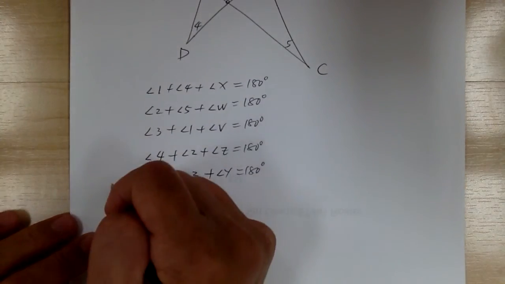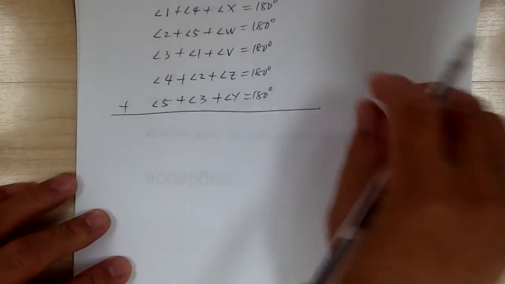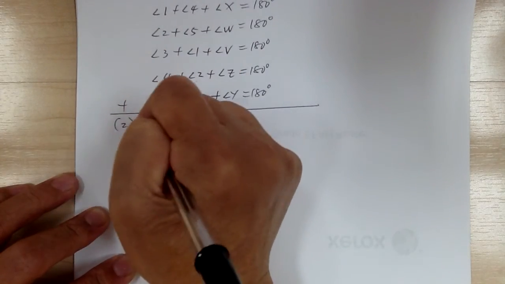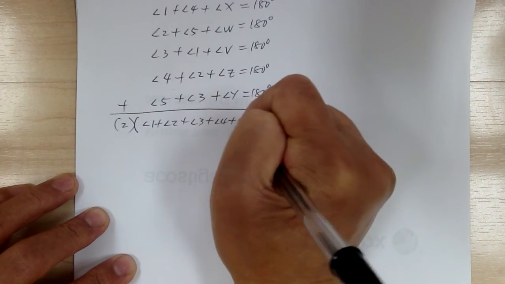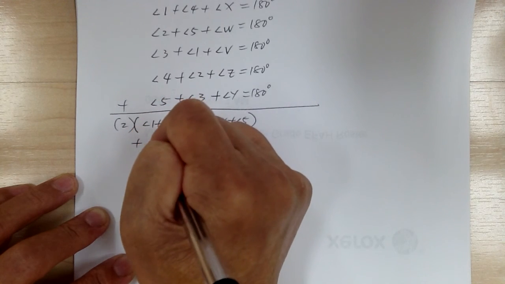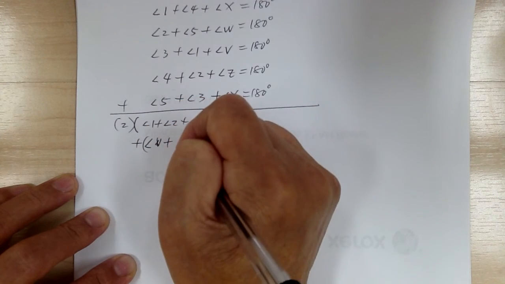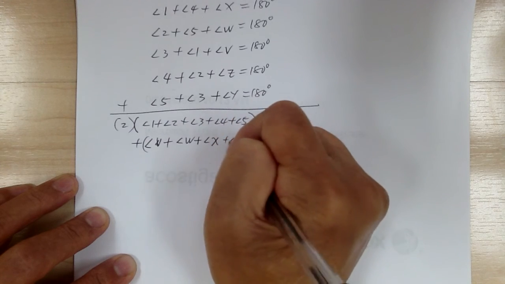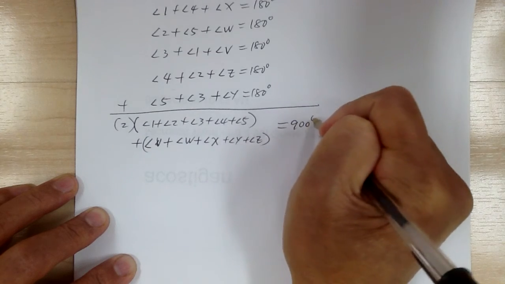Then you're going to add all this together. And notice there are 2 of each of these. So it'll be 2 times angle 1 plus angle 2 plus angle 3 plus angle 4 plus angle 5, plus angle V plus angle W plus angle X plus angle Y plus angle Z, and this will equal 900 degrees.